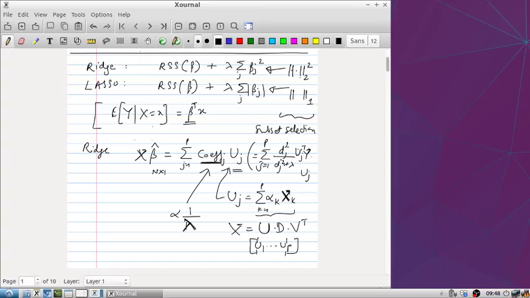That's where we use the SVD to understand which coefficients get pushed down more. We first had to look at the uj's, and the coefficients of uj's get pushed down more where the corresponding dj's are small, and dj's correspond to the sample variances in the principal component directions.